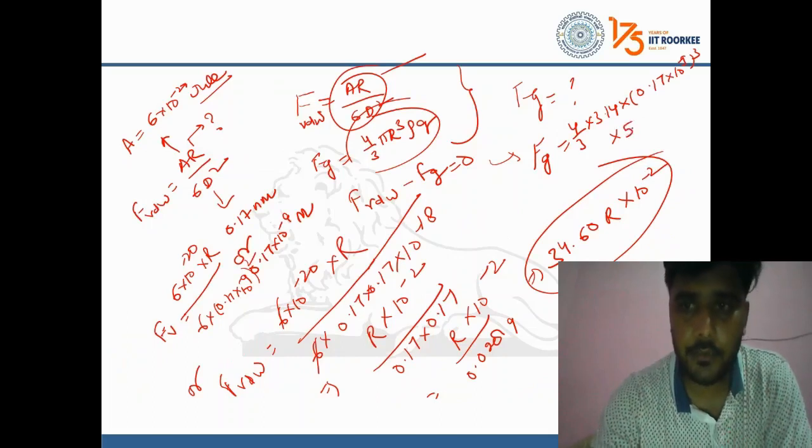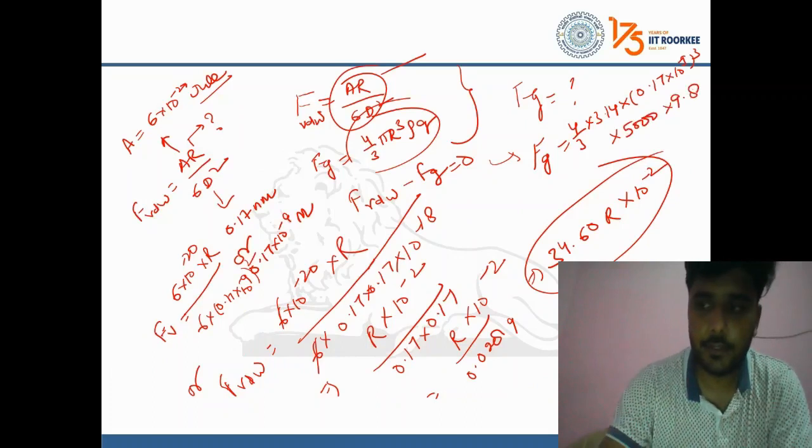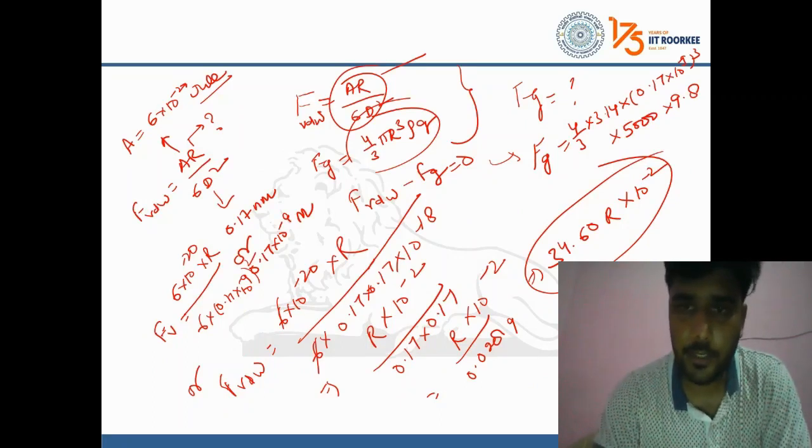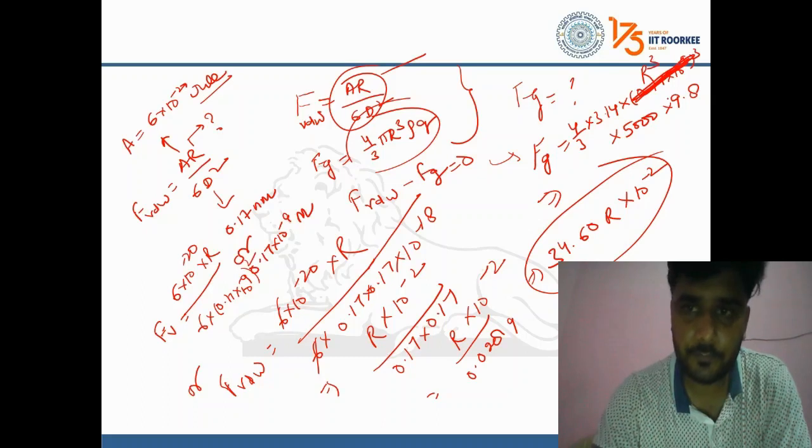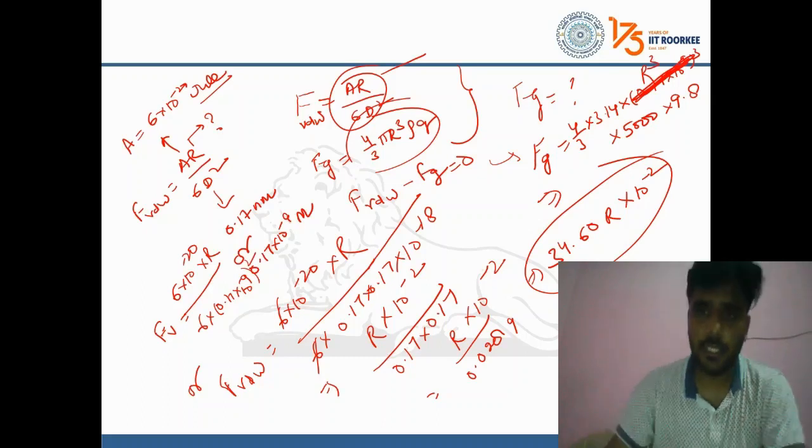So 5000 times 9.8. Sorry, this is not the R value, this is the separation distance. So just calculate these values.